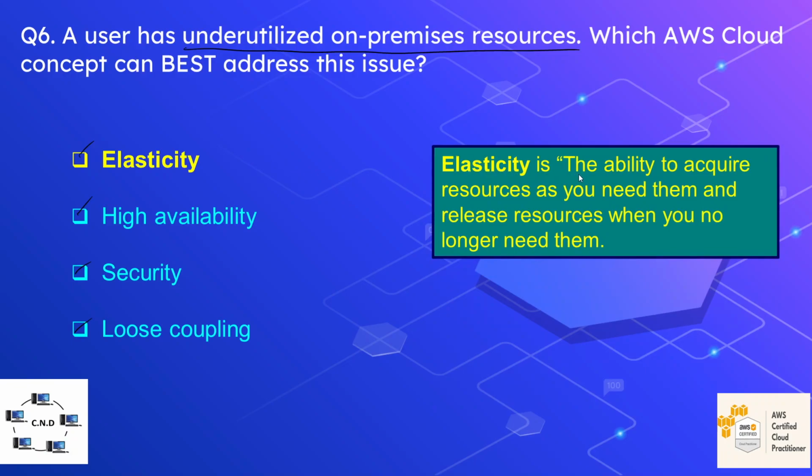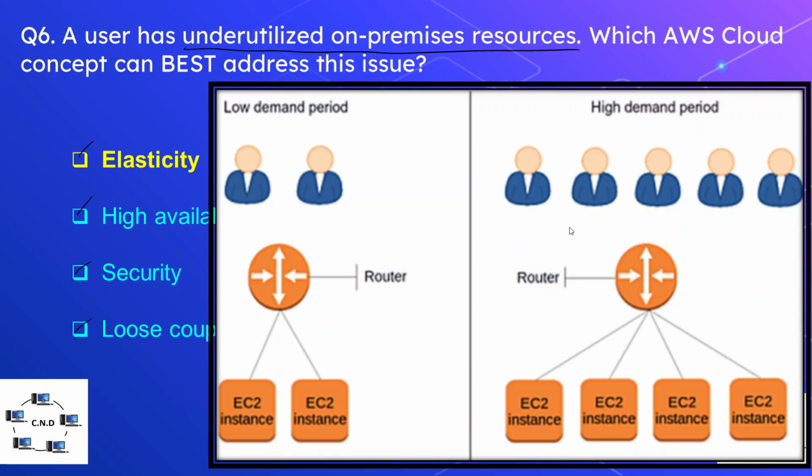So elasticity is basically the ability to acquire resources as you need them and release resources when you no longer need them. Here we can see in this picture, when we have low demand, meaning we have few users accessing the application, then we have fewer instances as per the requirement of the user.